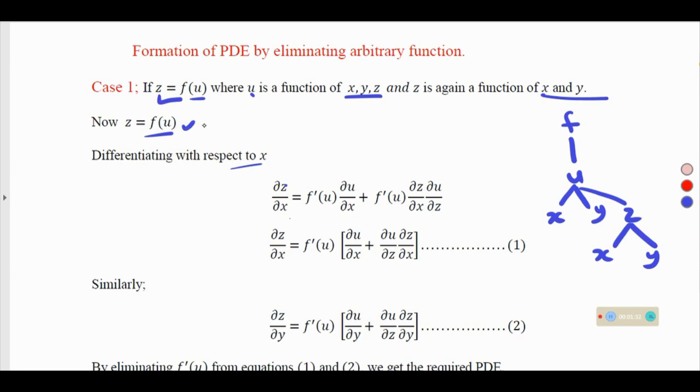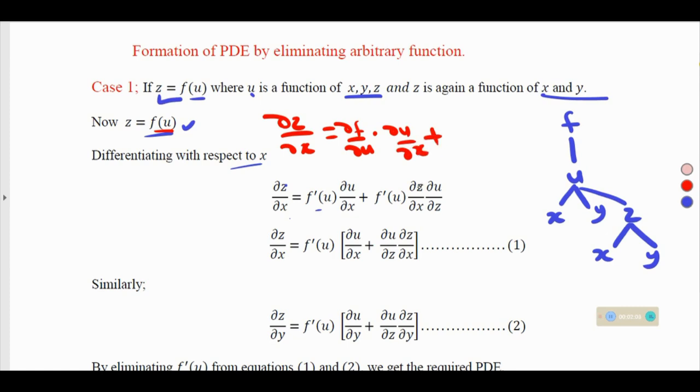We have del z del x, which is the same as differentiating f of u with respect to u, that is del f del u, multiplied by del u del x.